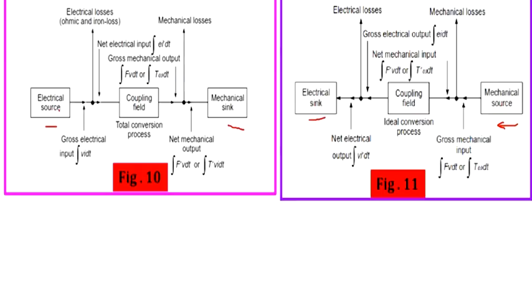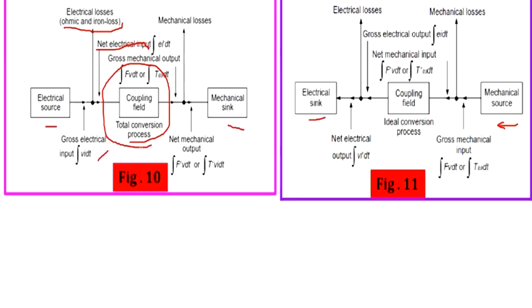Between electrical and mechanical, a lot of losses take place. The input we are giving is the gross electrical input, and we have some ohmic losses and iron losses, and the net electrical input is converted to magnetic field.